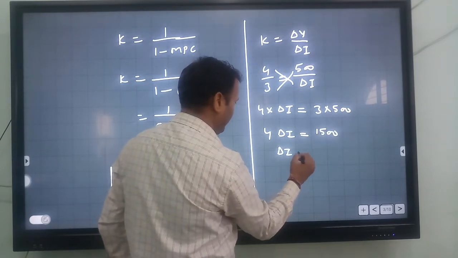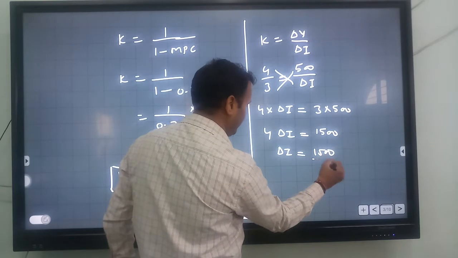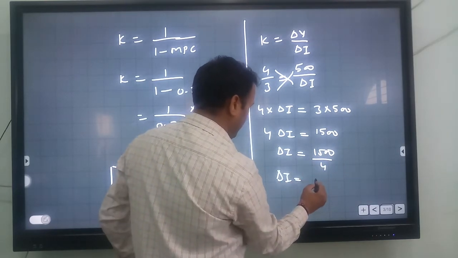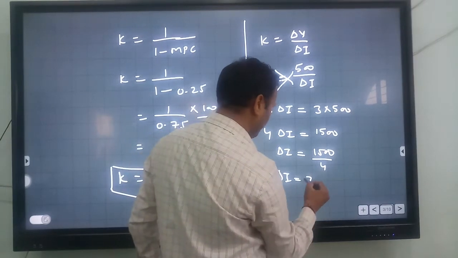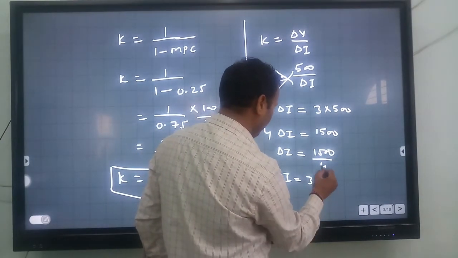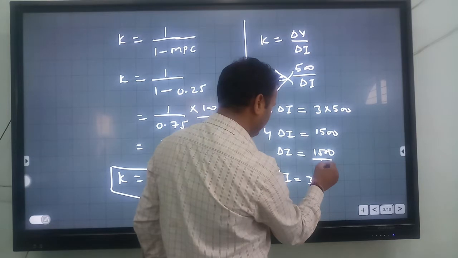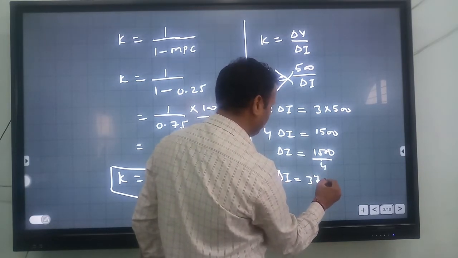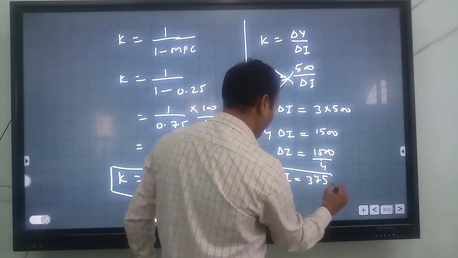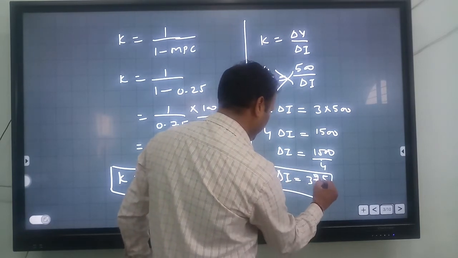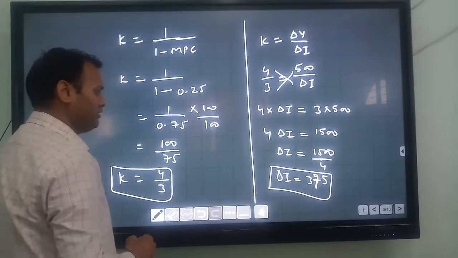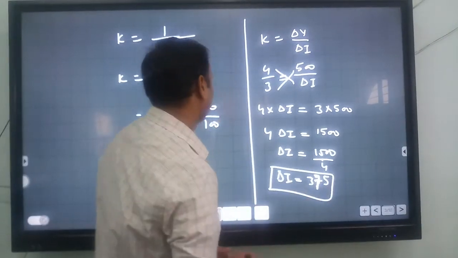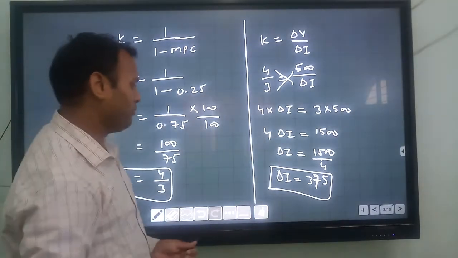So delta I is equal to 1500 upon 4, which gives 375. So the value of delta I is 375.